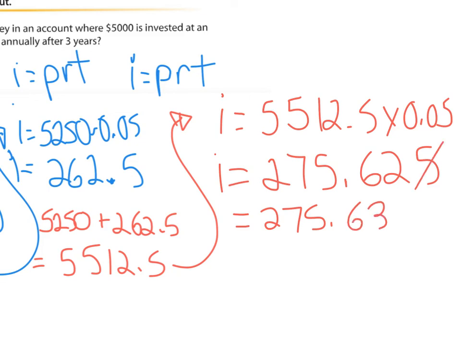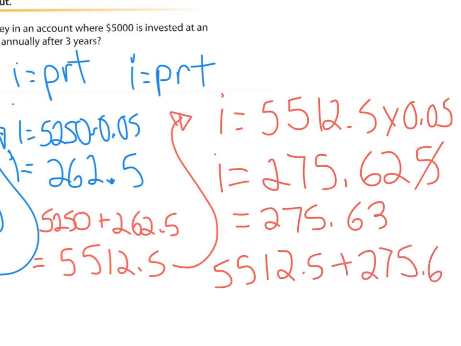To get rid of the thousandth of a cent. And we add that to our running total, 5,512.50, plus our new interest, $275.63, and we get $5,788.13.